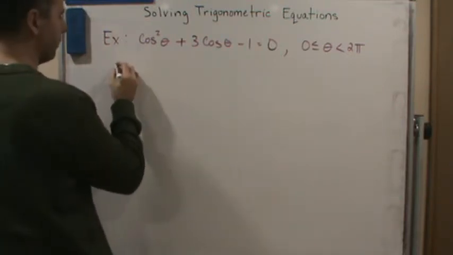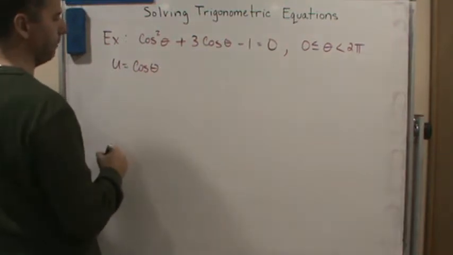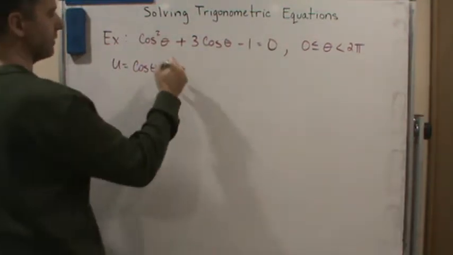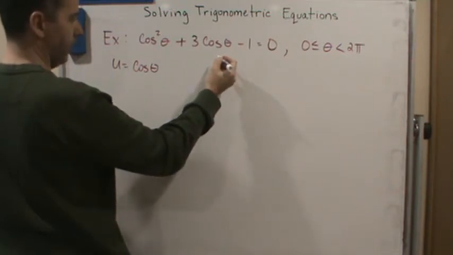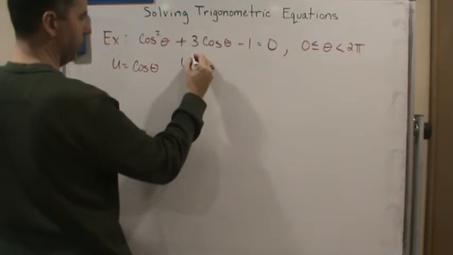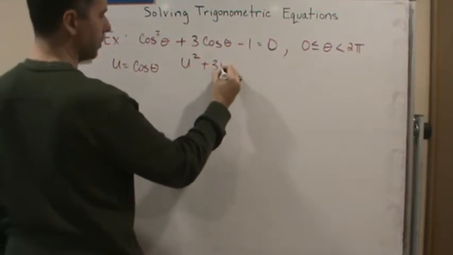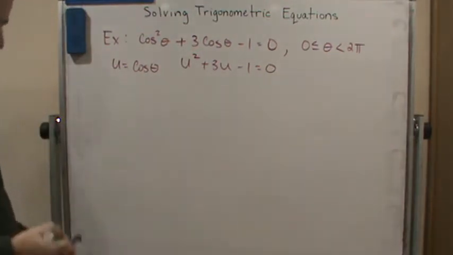Now, I'm going to say, okay, let u equal cosine theta. And so what's going to happen is this is going to be transformed into u squared plus 3u minus 1 is equal to 0. And so now we have a quadratic equation, right?